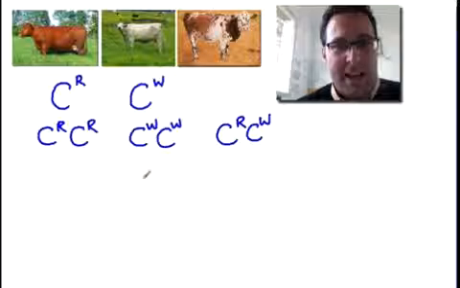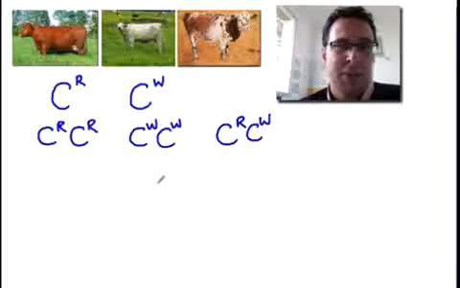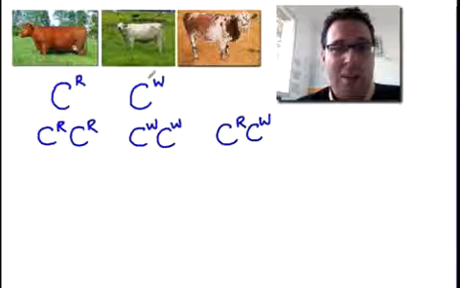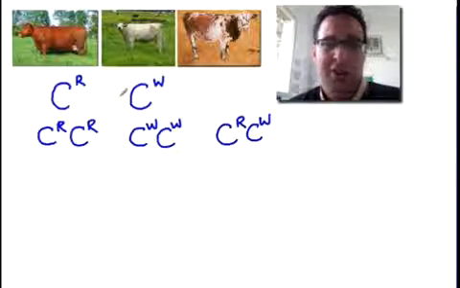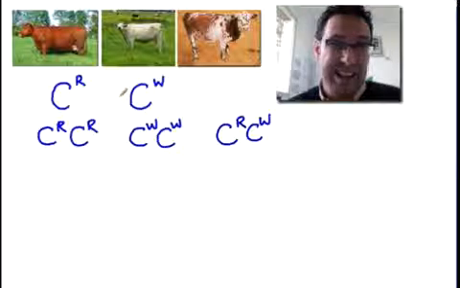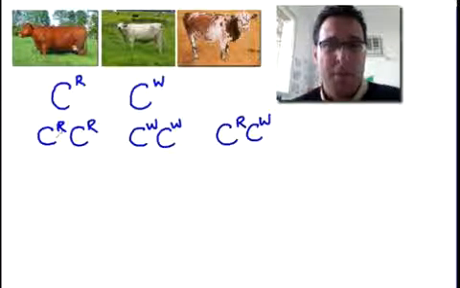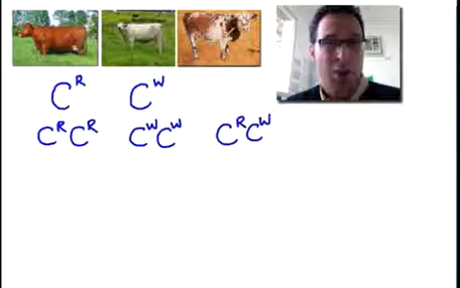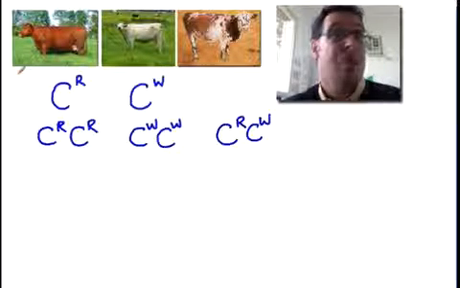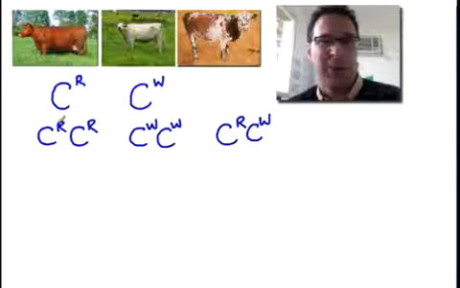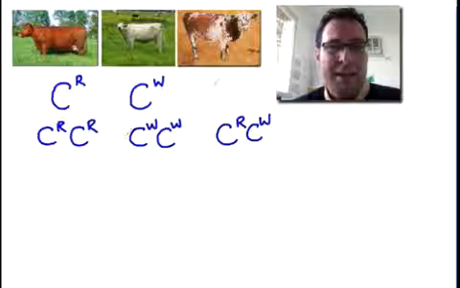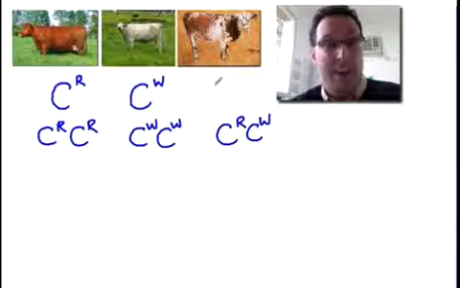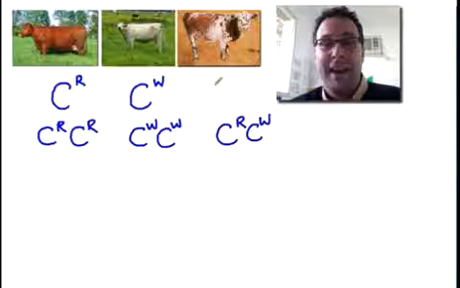Apart from that, if you understand that, we call this codominance, by the way, because both the red and the white are dominant. And there's something very similar to codominance that sometimes you'll hear people talking about, incomplete dominance. We would call it incomplete dominance if this cow, instead of being red and white, had pink hairs. So they were neither red nor white. They're not completely red, they're not completely white. But in this case, it has red hairs and white hairs, completely red and completely white hairs side by side.